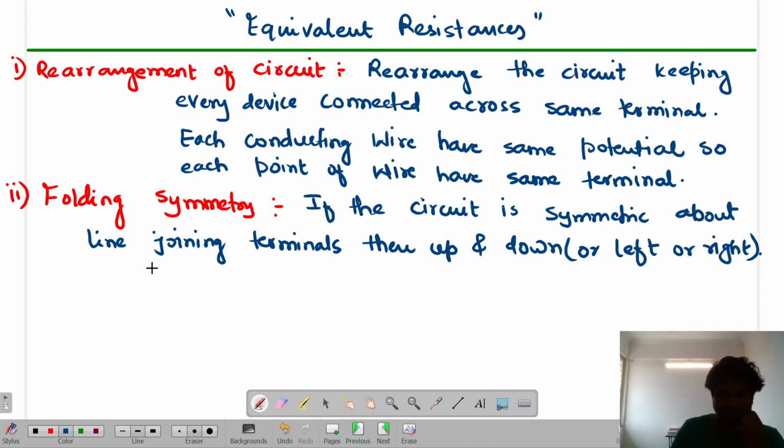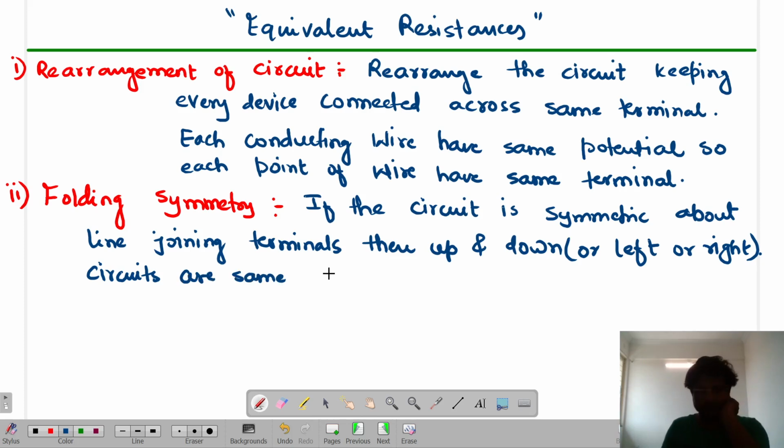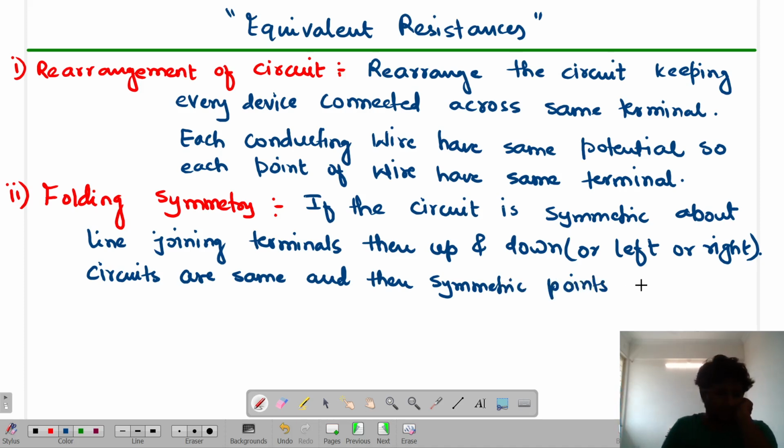Then these circuits are the same and symmetric, and symmetric points have identical potential.